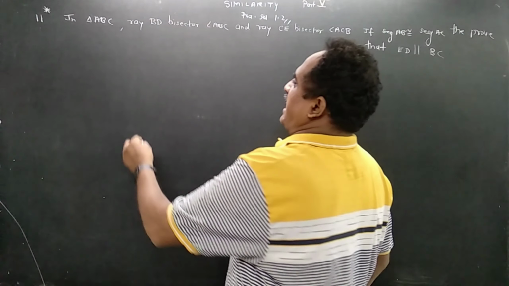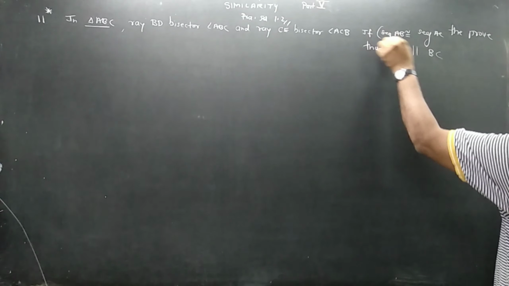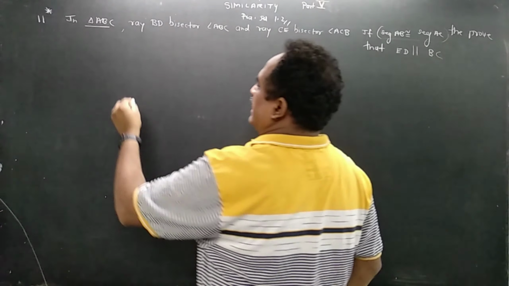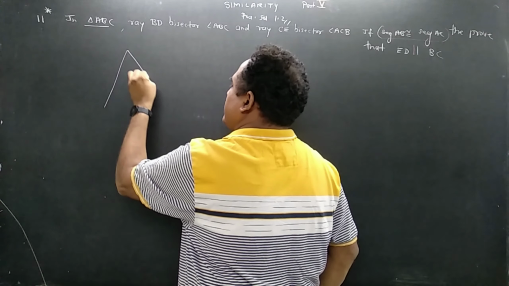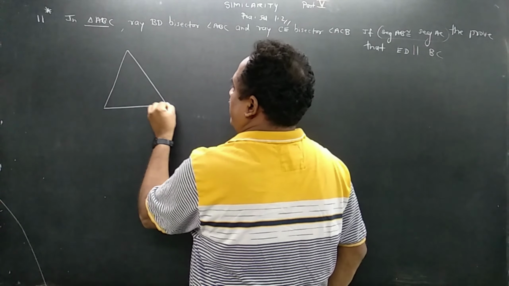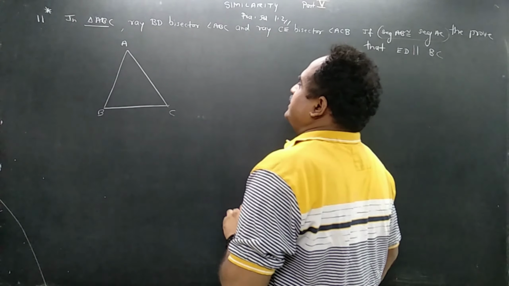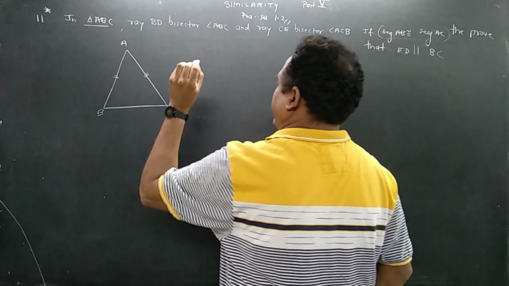First thing is in triangle ABC, they have given that AB and AC are congruent. So this is an isosceles triangle that we have to draw first. We have to take care of each and every word. In triangle ABC, these two are congruent, means AB is congruent to AC.